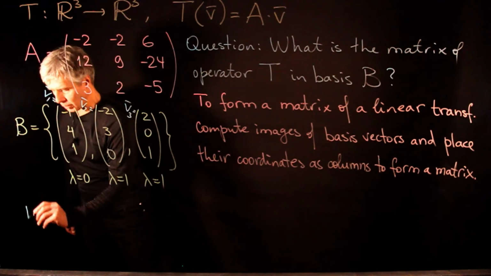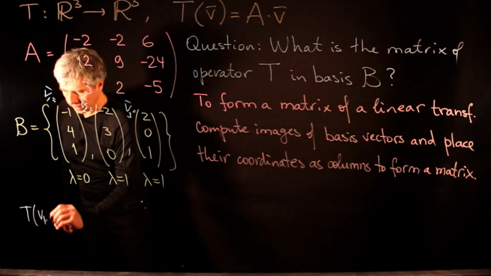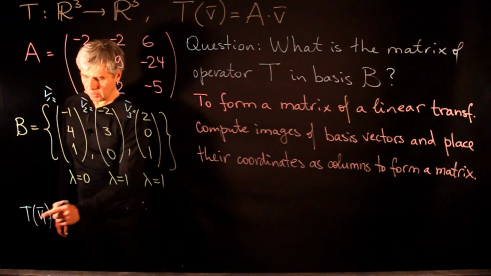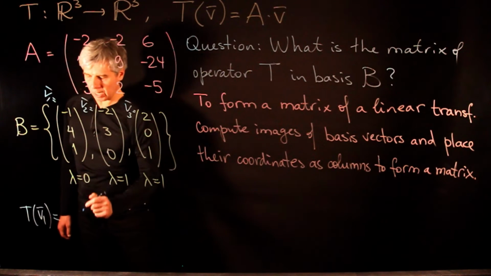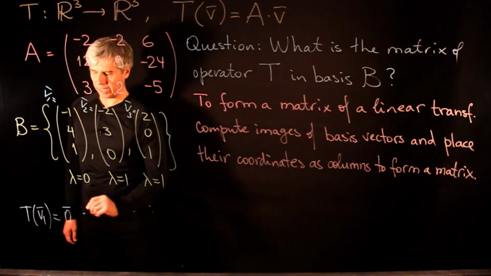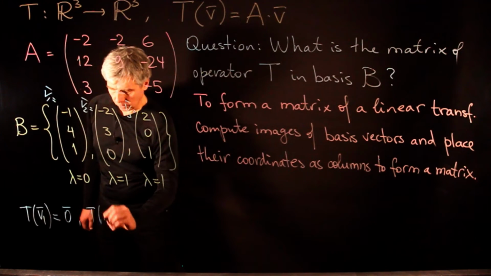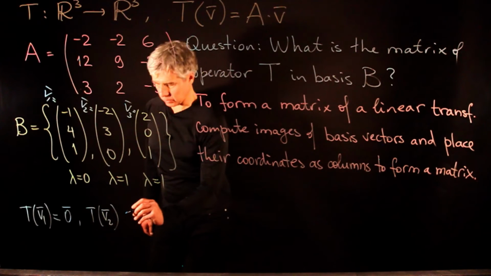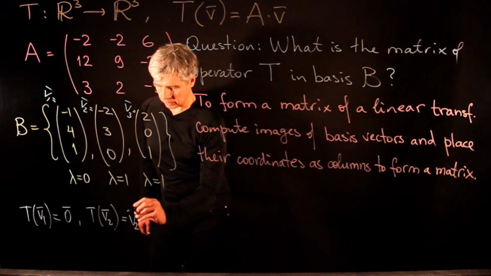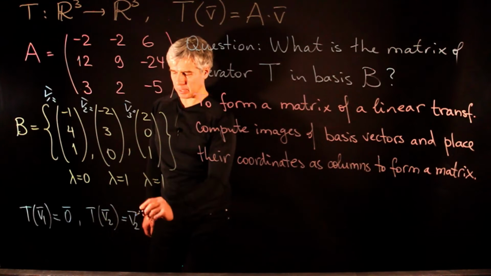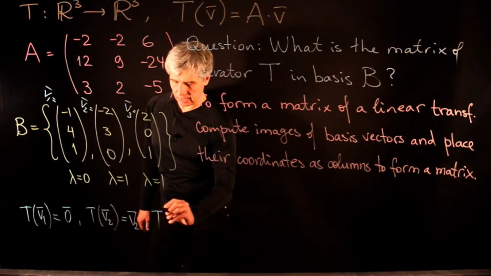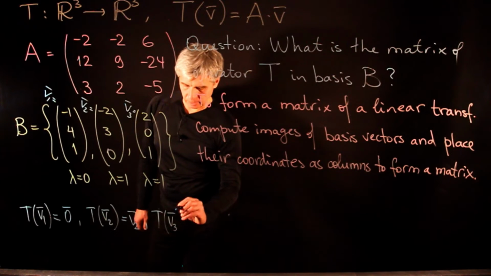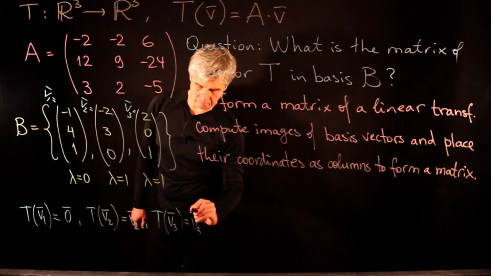But we know how to do this, because T of V1, since V1 is a lambda equals 0 eigenvector, is just the 0 vector. Then T of V2, well, V2 is a lambda equals 1 eigenvector, so this is simply equal to V2. So this is lambda times V2. And T of V3 is equal to V3.